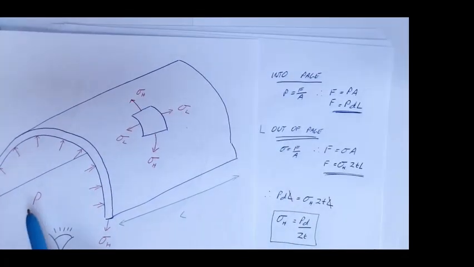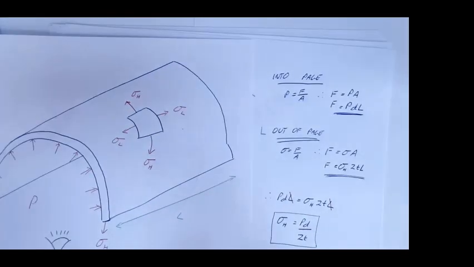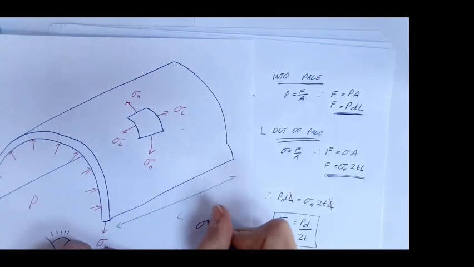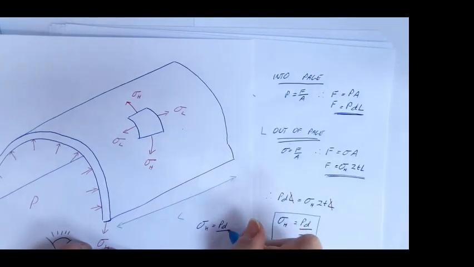The pressure times by the diameter of the cylinder divided by 2 lots of the thickness. My hoop stress equals PD over 2T.